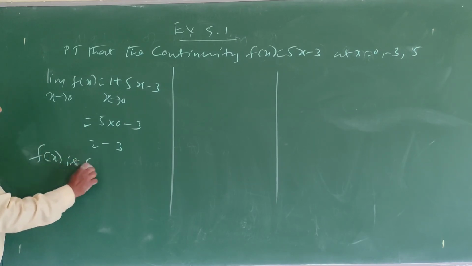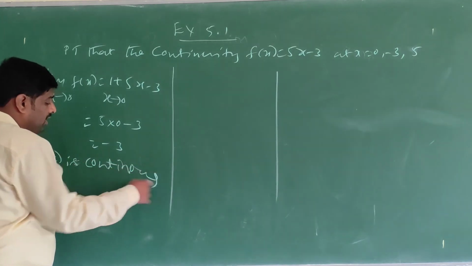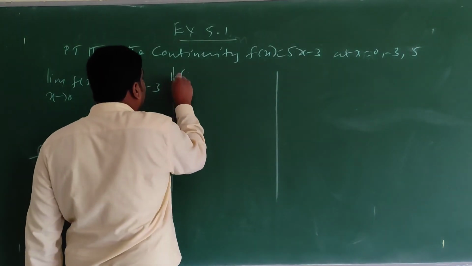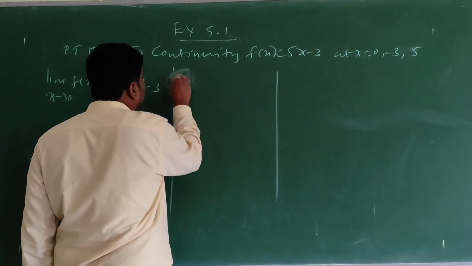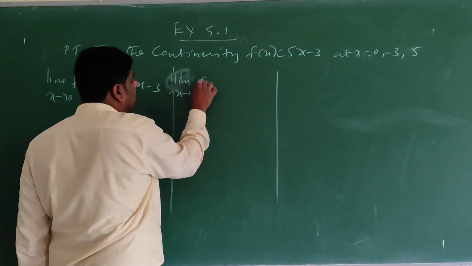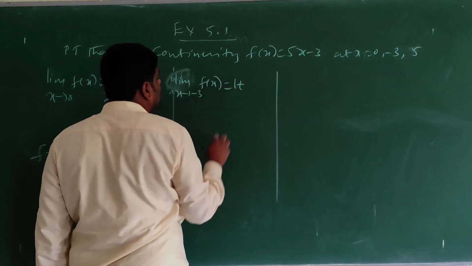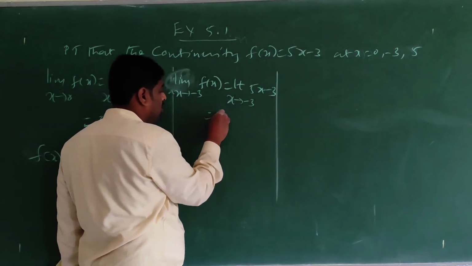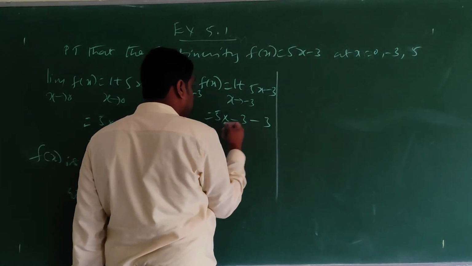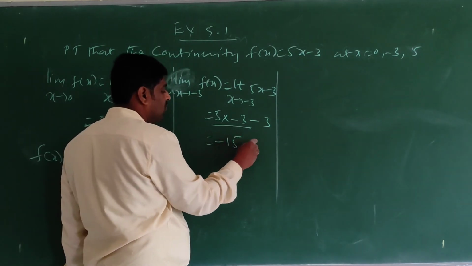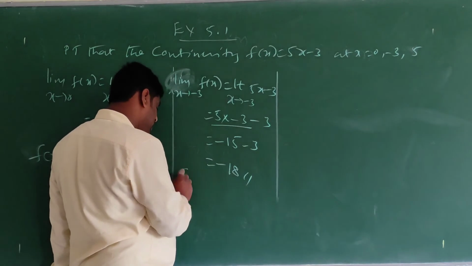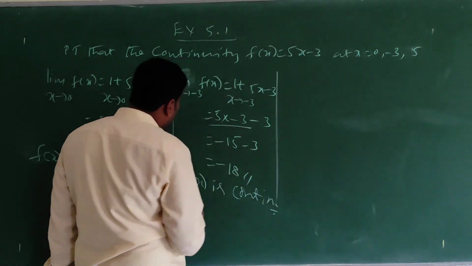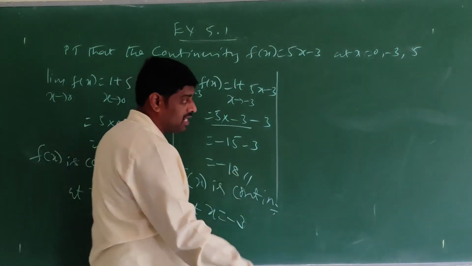f of x is continuous at x is equal to 0. Now at x is equal to minus 3, limit x tends to minus 3, f of x is equal to limit x tends to minus 3, 5x minus 3, that is 5 into minus 3, minus 3. 5 3s are 15, so minus 15 minus 3, that is minus 18. f of x is continuous at x is equal to minus 3.